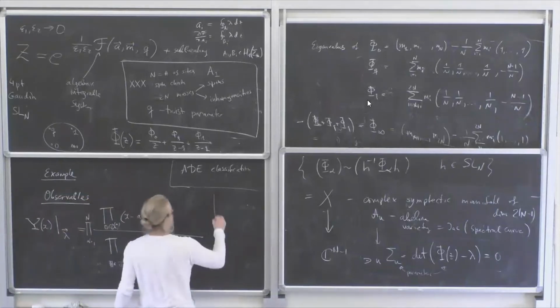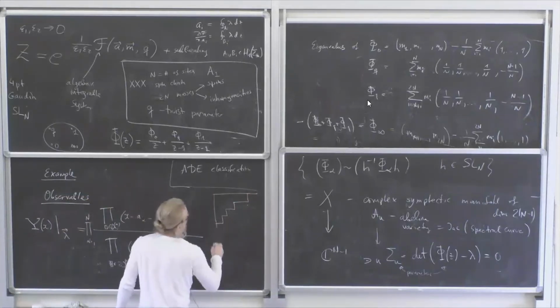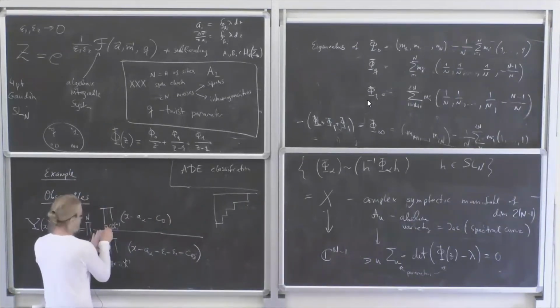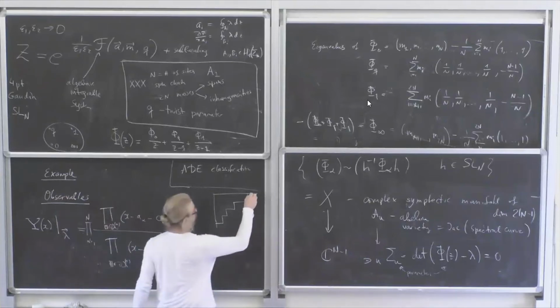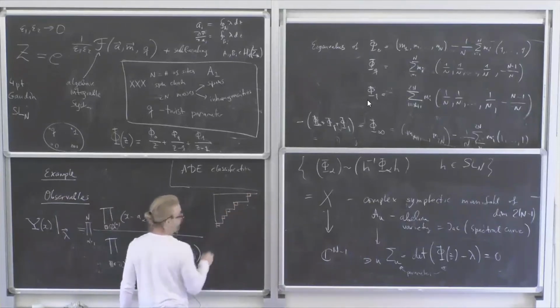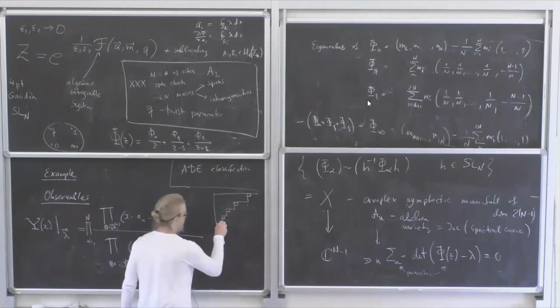So given a Young diagram, there is a certain number of boxes which you can add to it so that it continues to be a Young diagram. And there is exactly one less number of boxes which you can remove from it.